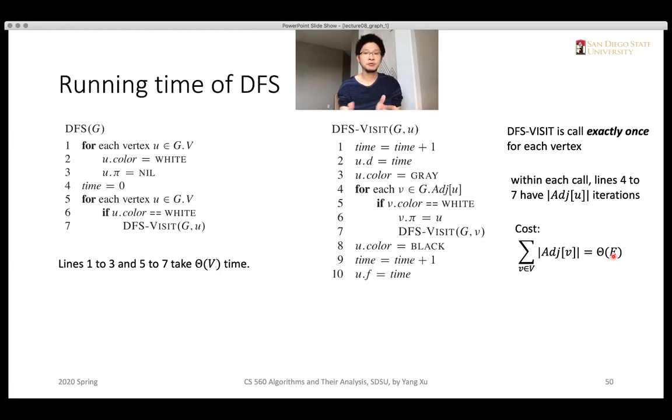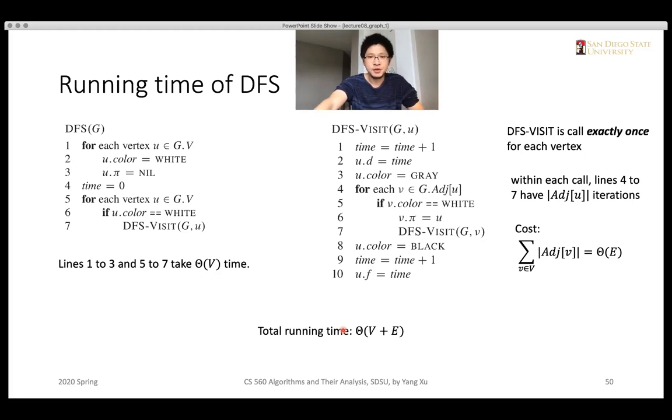For an undirected graph, it's 2 times E, but for a directed graph, it's E. Anyway, it's linear in the number of edges. So in total, the running time for DFS is a combination of big theta of V and big theta of E, which is big theta of V plus E. So it is no different from breadth first search, BFS, which is also big theta of V plus E.